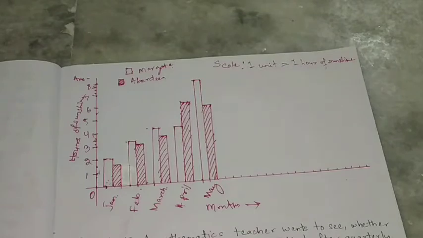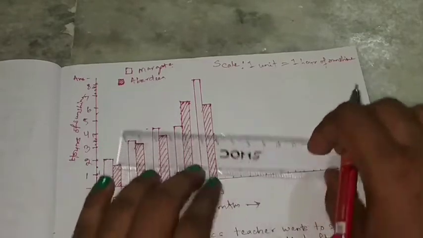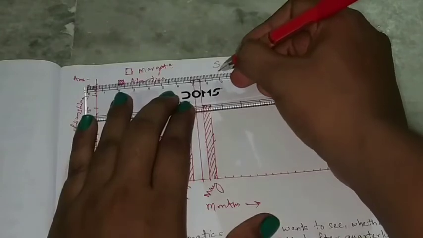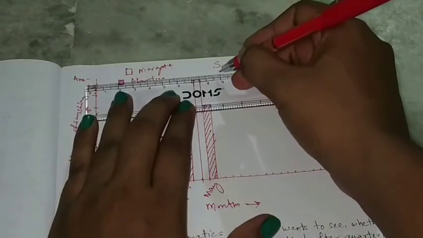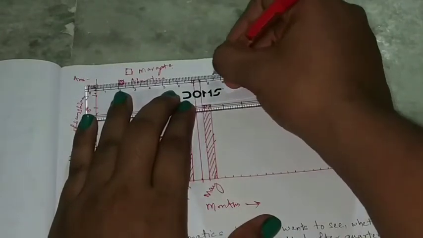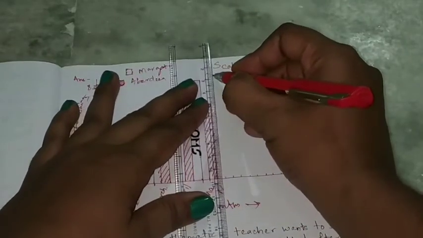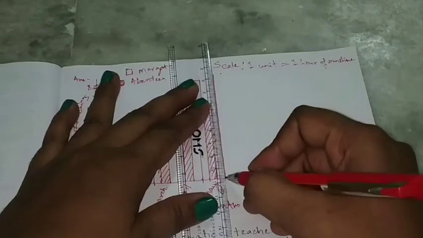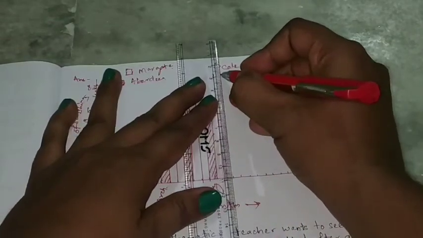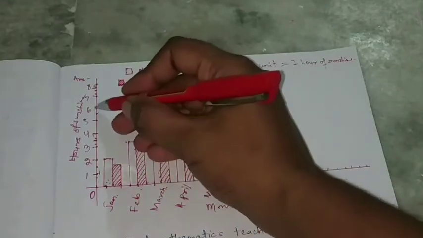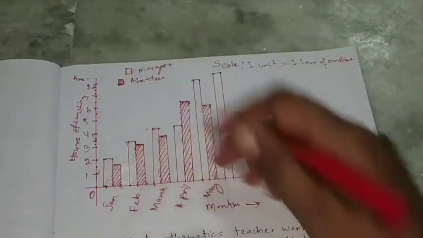Average hours of sunshine in Margaret is 8 and Aberdeen is 6.5. So first I'll take 8. Here it is 8. Okay. 8 is here. Then 6.5. 6.5 is between 6 and 7.